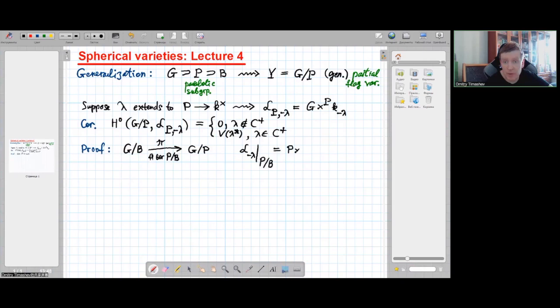So this is P cross over B with K sub minus lambda.